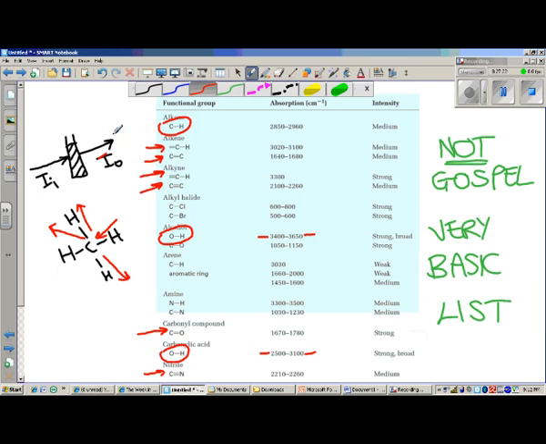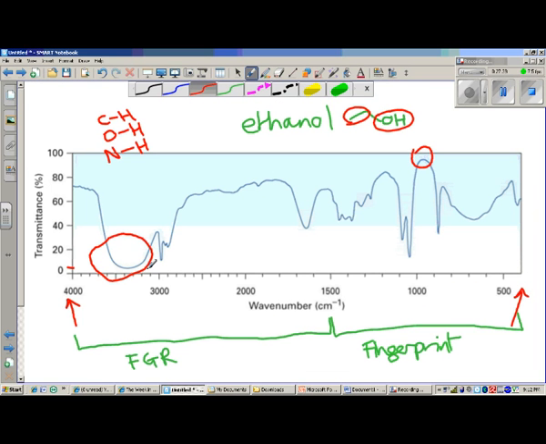Well, we just go back to here. In an alcohol, OH groups appear usually between 3400 and 3650 wave numbers. The intensity is usually strong and broad. Usually, not always, but usually. Now, notice we have this strong and broad absorbance here.